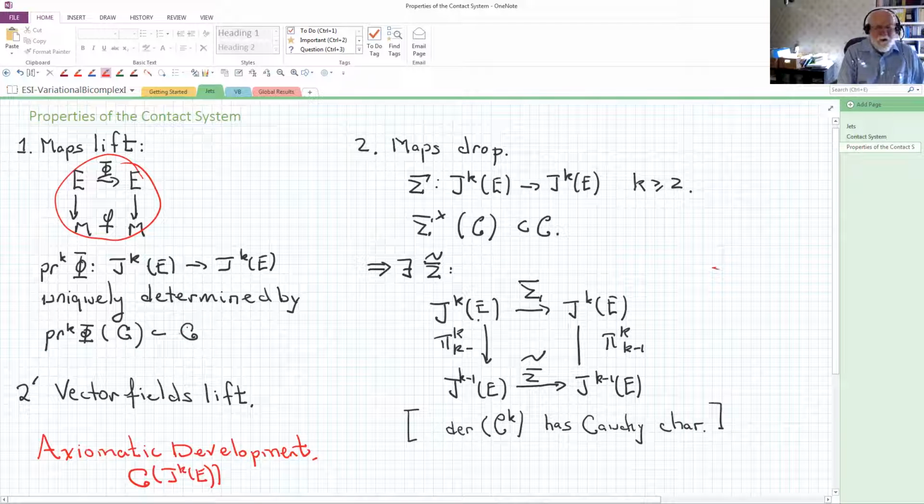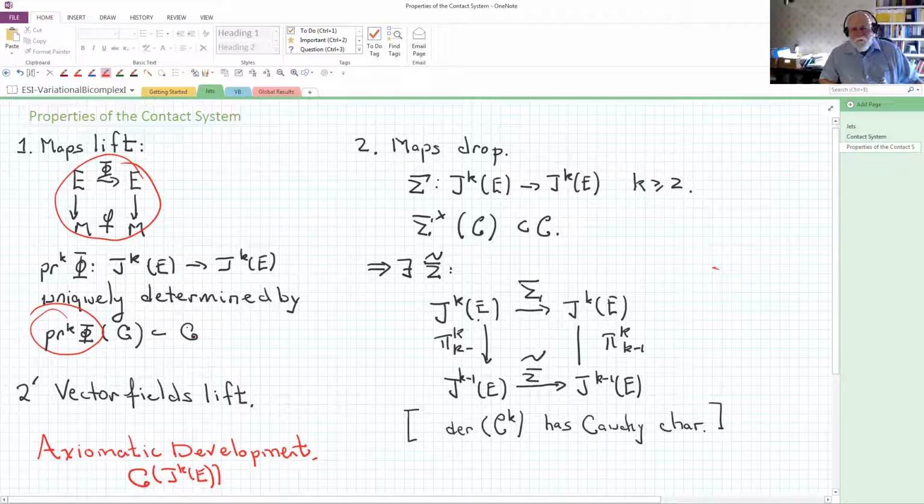It's calculated by algebraic operations and differentiation. You don't have to solve differential equations to do this lift. And so maps lift in such a way as to preserve the contact ideal. Vector fields on E lift.